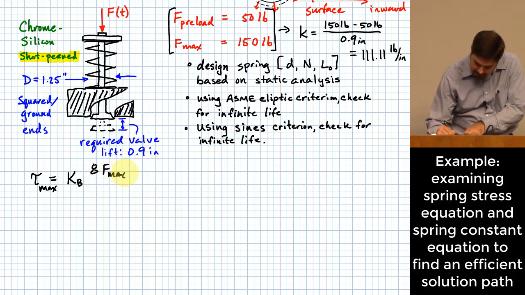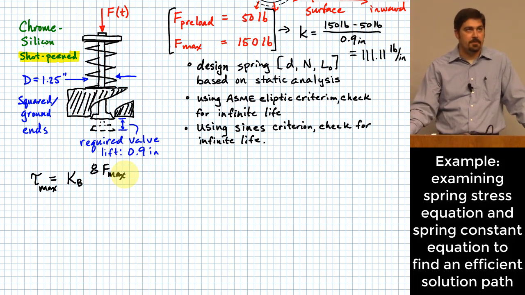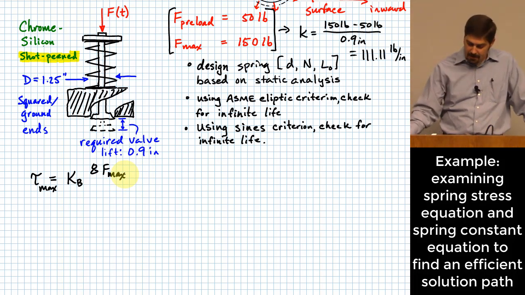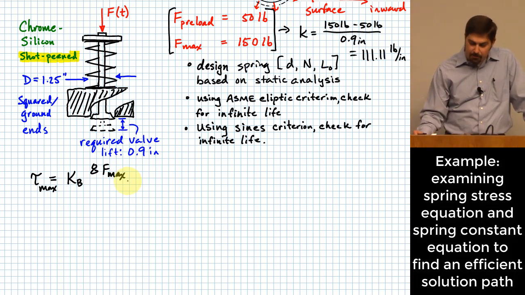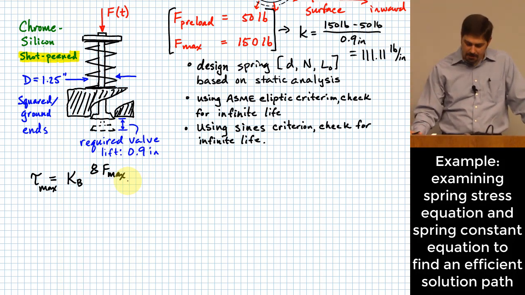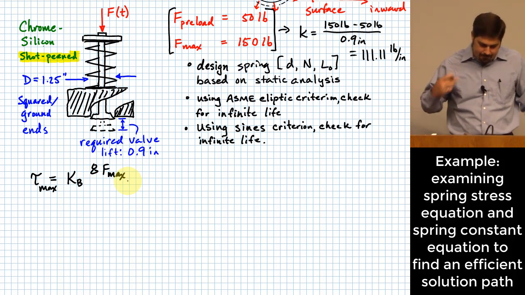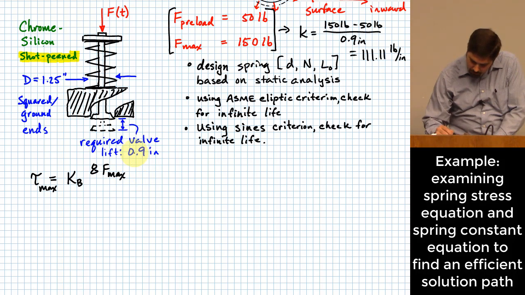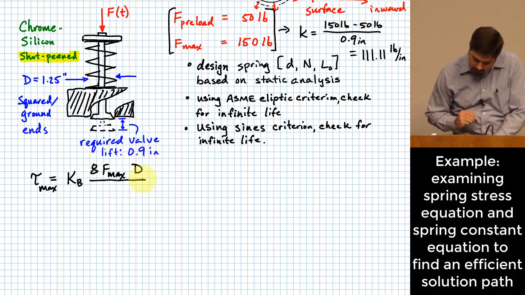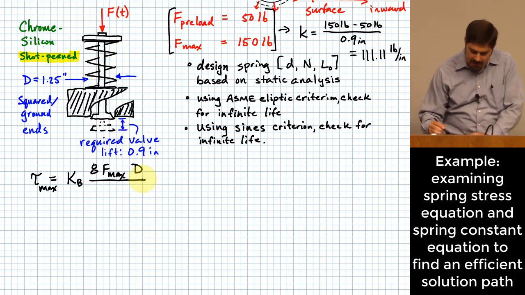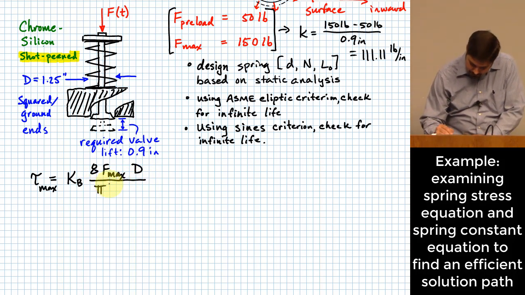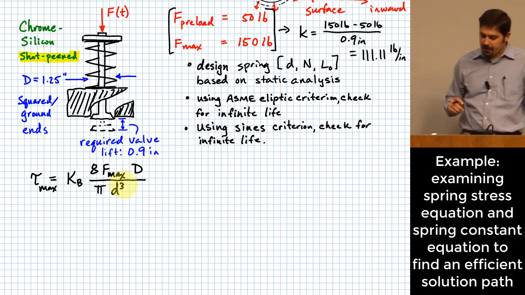And actually, if this is the maximum overall stress that we're going to experience at any point in time, then that would be based on the maximum force that it's going to experience. Then what? Okay, the mean coil diameter, D, over pi d cubed.